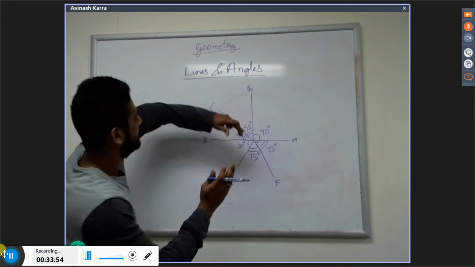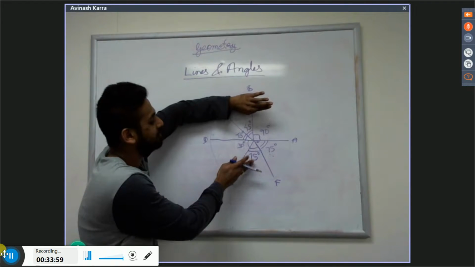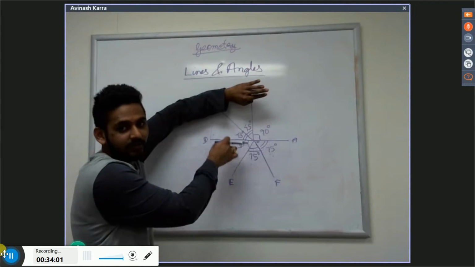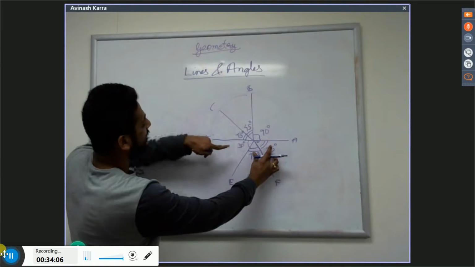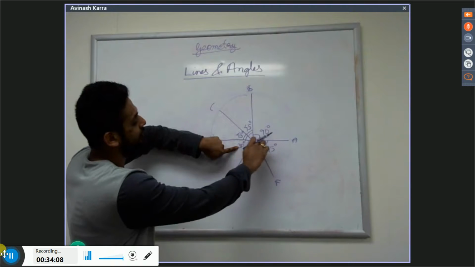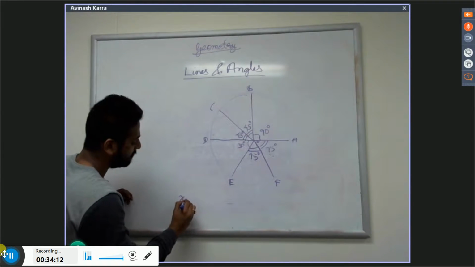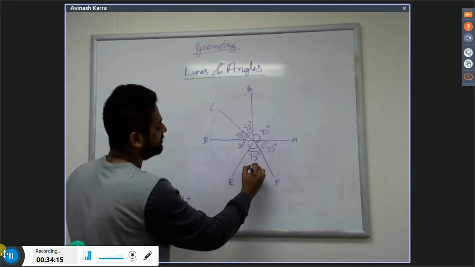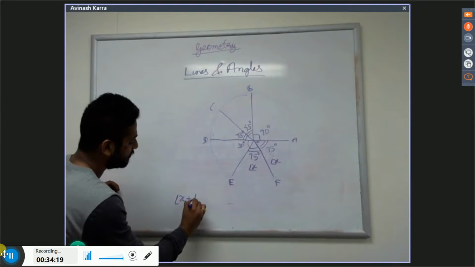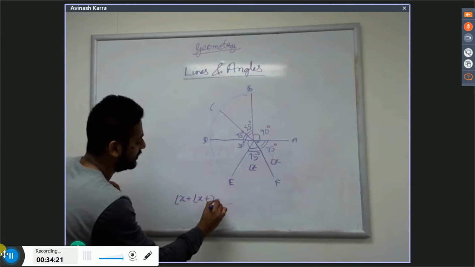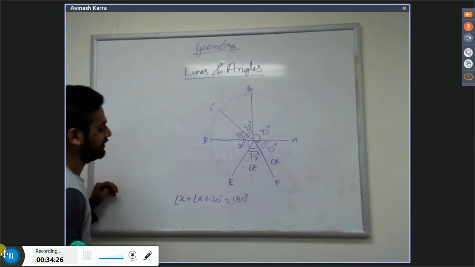Half is bent, right? So we need not worry about this half. In this half, even this is also 180, right? And we are saying that these two angles are equal, and the third angle is 30. The whole is 180. The expression will become like this. For example, if I consider this as angle x, angle x, so angle x plus angle x plus 30 is equal to 180.